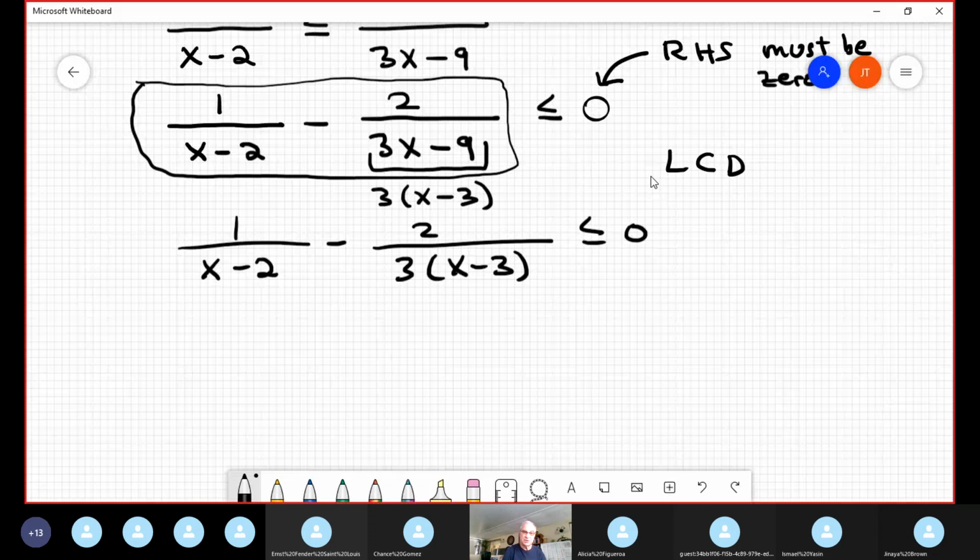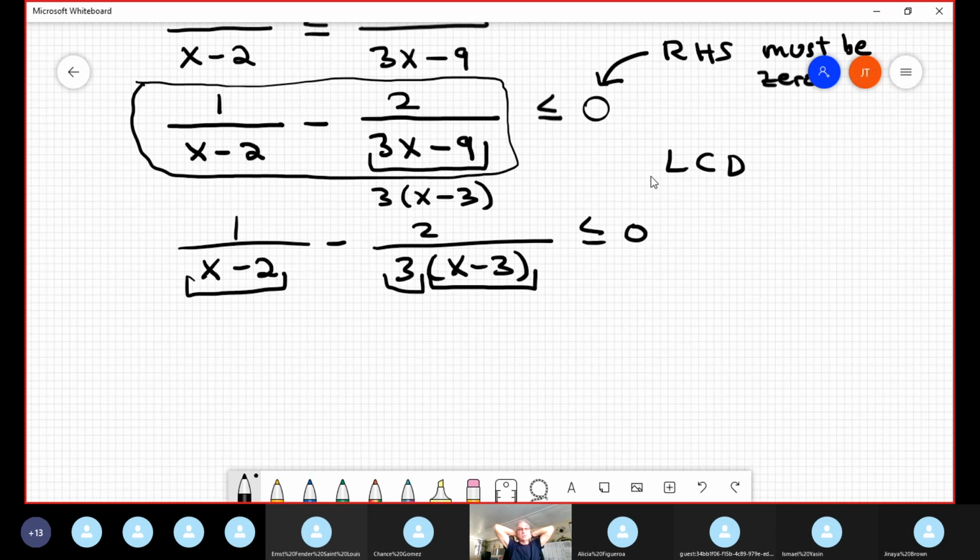I repeat several times when I teach intermediate algebra: you have several factors. In this problem, we have x minus 2 as a factor, x minus 3 is another factor, and 3 is another factor. We have 3 factors.